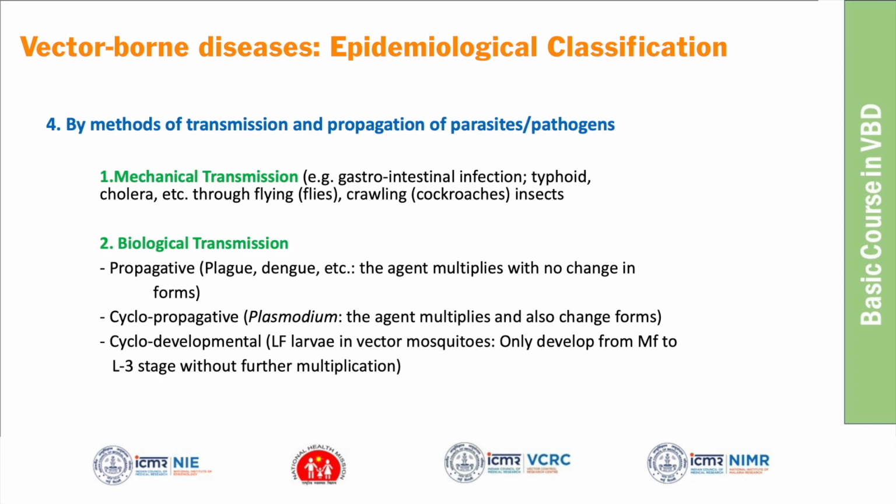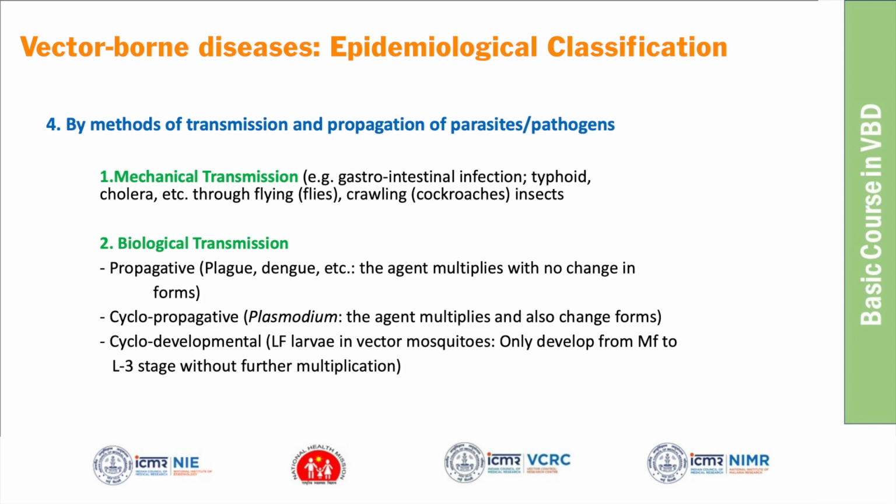They are not internalized. They are simply transported from the infectious surface or feces to the food or water. Examples of this are gastrointestinal infections, typhoid, cholera, through the flies and also through crawling insects like cockroaches.